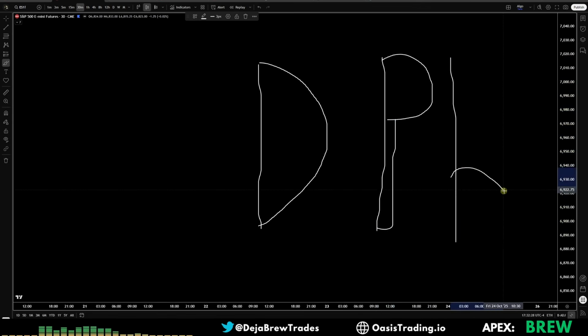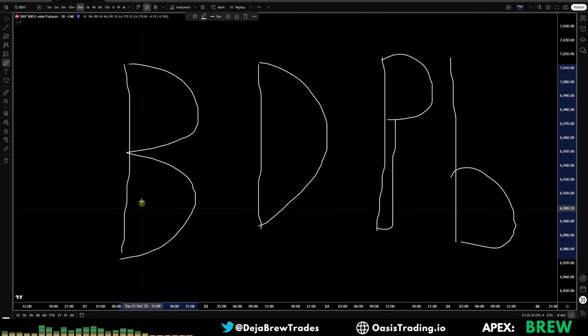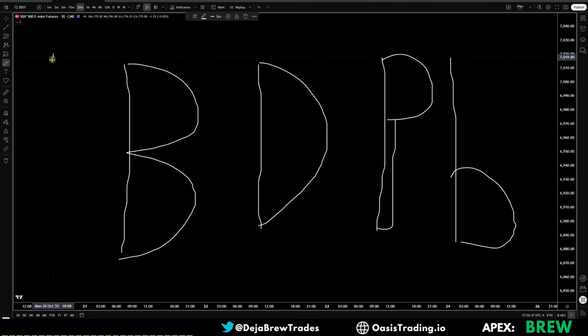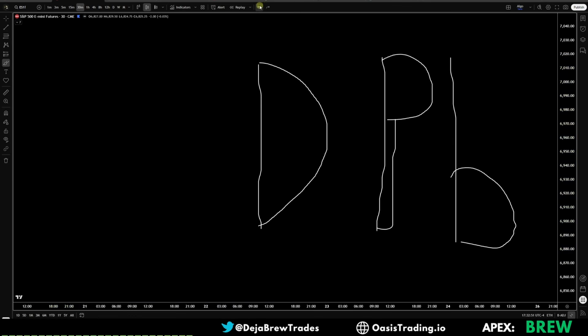If it's on the bottom, it would be a lowercase b. If it had two big nodes, it would be a capital B. And then if it had a bunch of smaller nodes throughout the profile, typically in a one-directional fashion, it would be a thin profile or a trend profile. I'm getting a little bit ahead of myself. We'll come back to these shapes in a little bit.